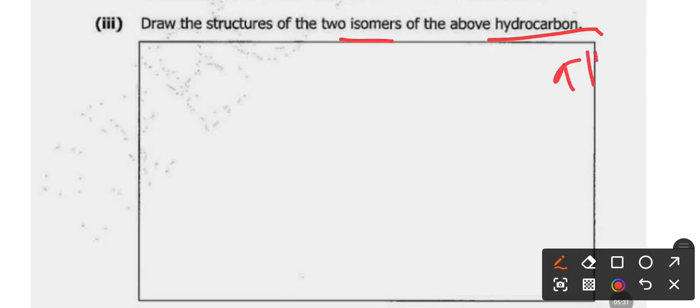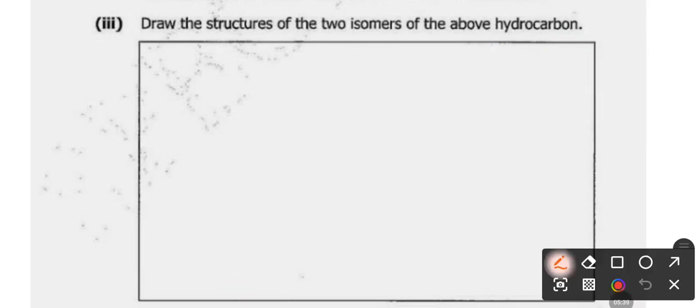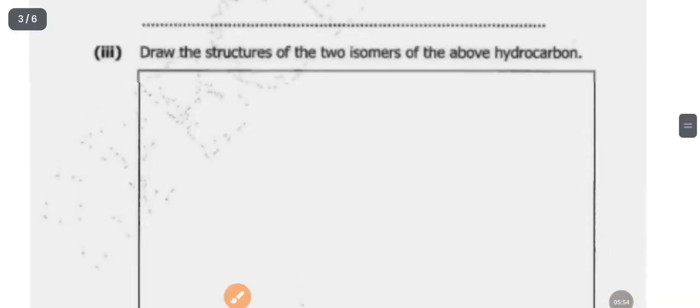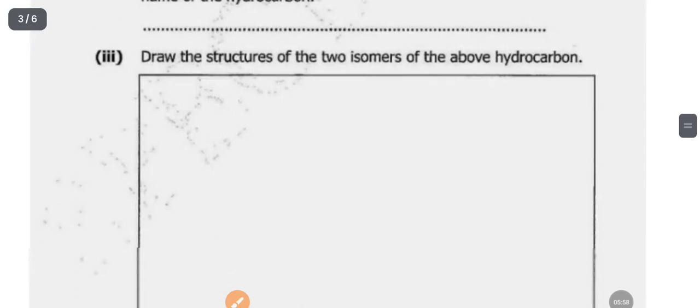Examples in our syllabus are alkanes and alkenes. Isomers are organic compounds that have the same chemical formula but different structural formula. So we are told to write the isomers of this organic compound that we named in question B2.